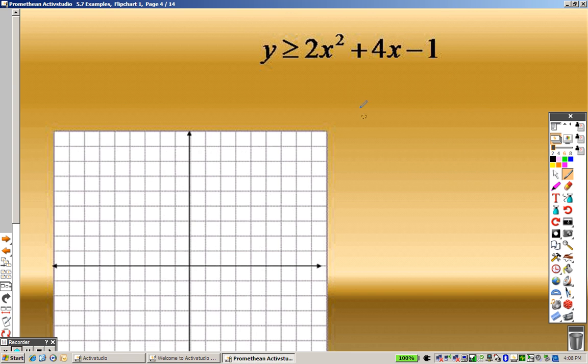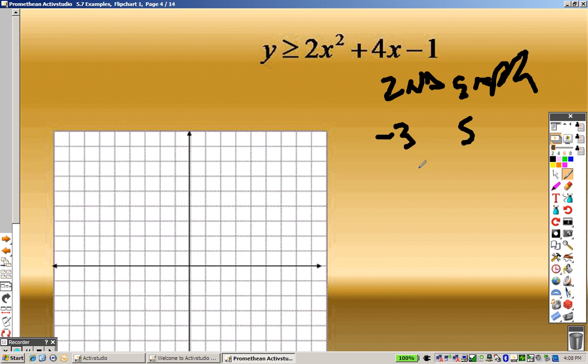If you press second and graph, we can get a list of your points. The first point that's plottable is -3, 5, then -2, -1, then -1, -3, then 0, -1, then 1, 5.